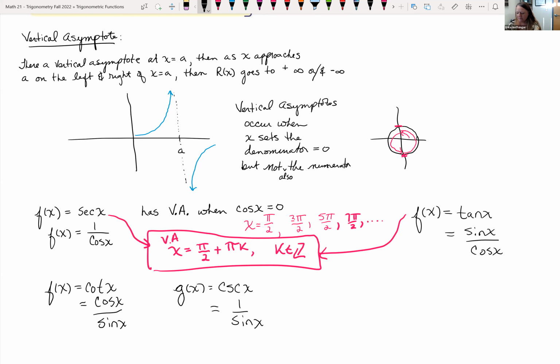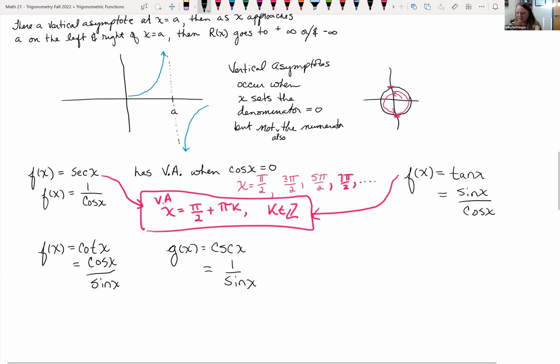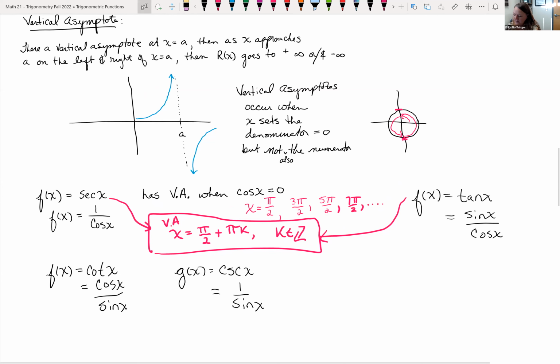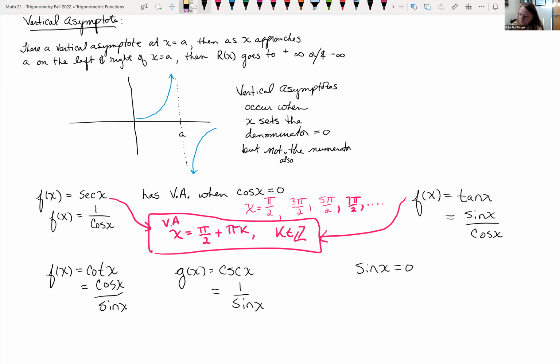So these are going to both have vertical asymptotes when sine of x is equal to 0. If we look at the unit circle, we're looking at when our y value is equal to 0.